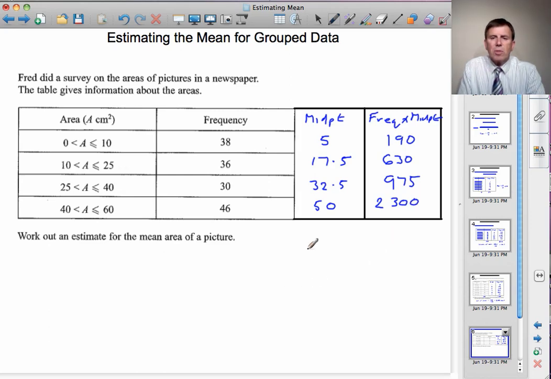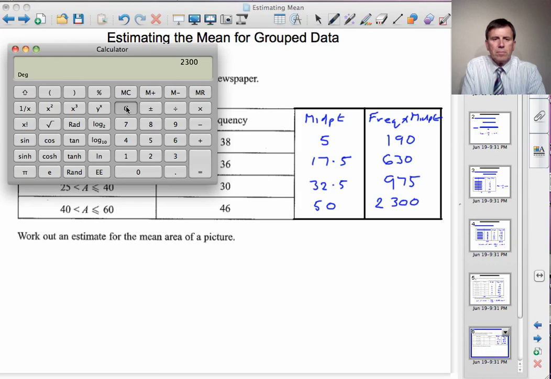Now, to get our estimate of the mean, we need to add up our estimate of all the data and divide by how many bits of data we have, the sum of the frequencies. So we'll use the calculator first to add this column. We've got 190 plus 630 plus 975 plus 2,300.